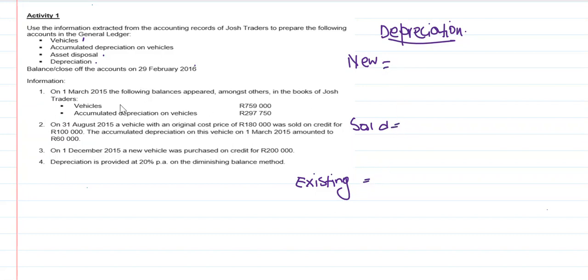This is the company Josh Traders. They say you must prepare these four accounts. The accounting period ends 29 February 2016. These are the additional information that have been given here. Number 1: 1 March is the beginning of the financial year, so it starts 1 March 2015 and ends 29 February 2016.